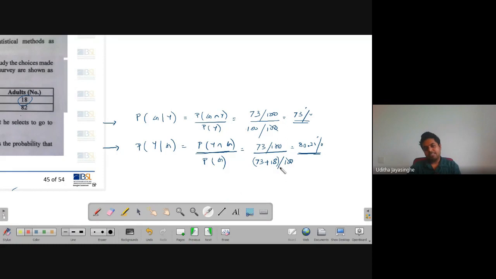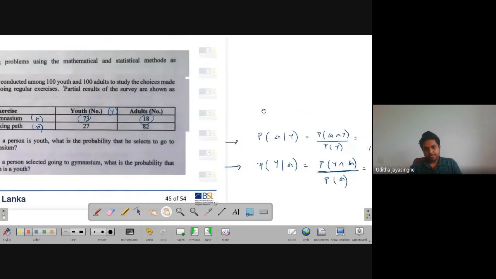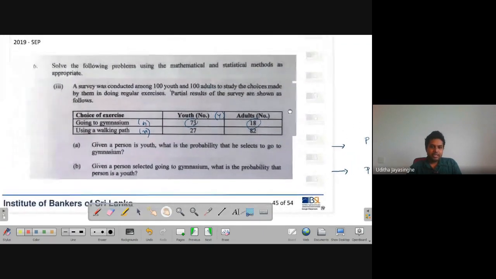Not that going to gym is 100, but rather it's 73 youngsters and 18 adults. Yeah. So answer is 73 divided by 73 plus 18, 80.21. Or without any of this theory, you can argue from your common sense also. Given the selected person is going to the gym, what's the probability that that person is youth? This is the total chaps who are going to the gym.